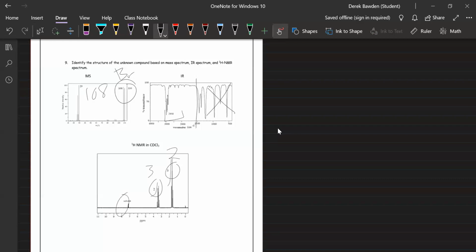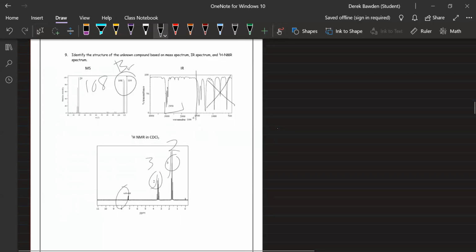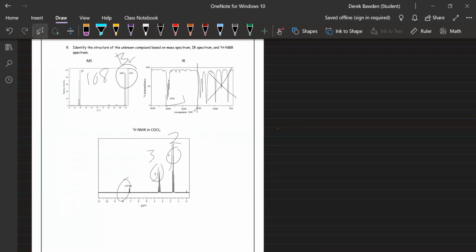Okay, so let's try to put our info together here. So does anyone know how much bromine weighs? 79. Or is it 81? What does it say on Google? Because it doesn't account for the isotopes. 80? 79.9. Basically, yep.